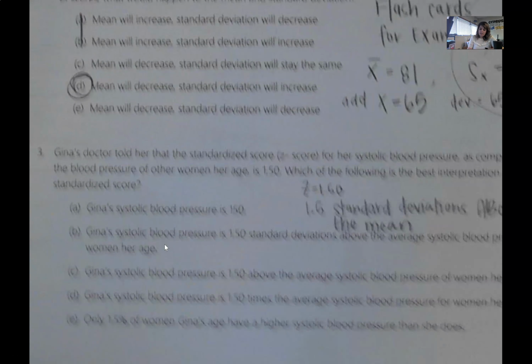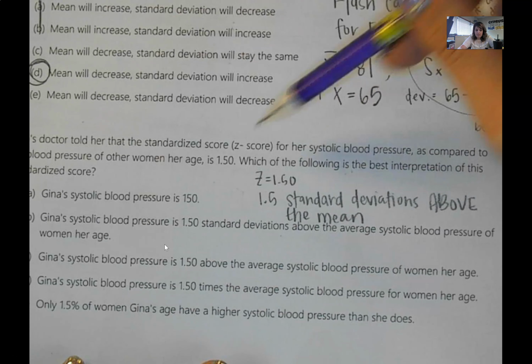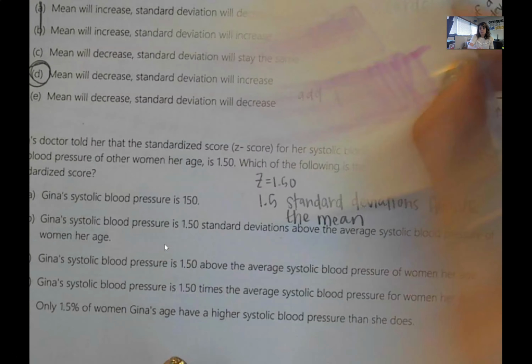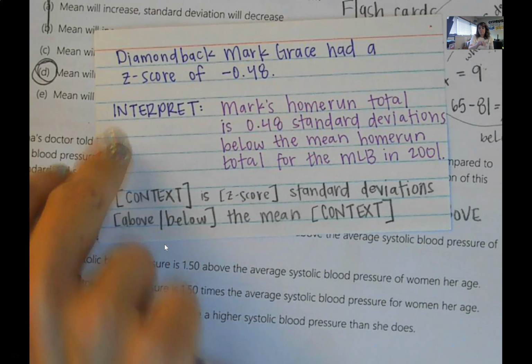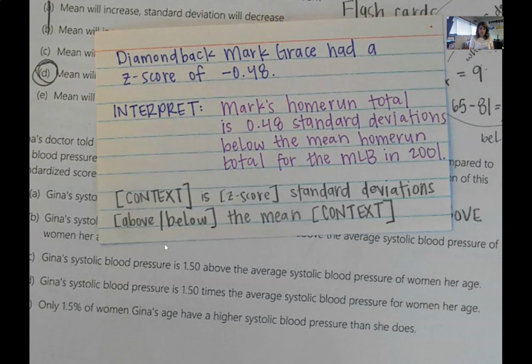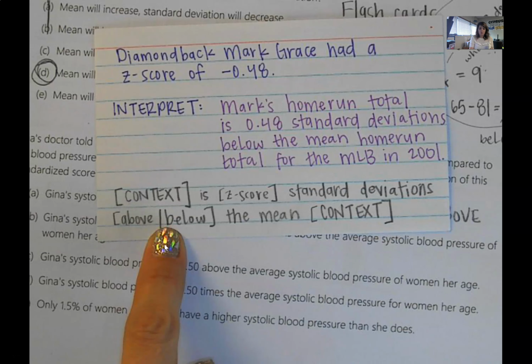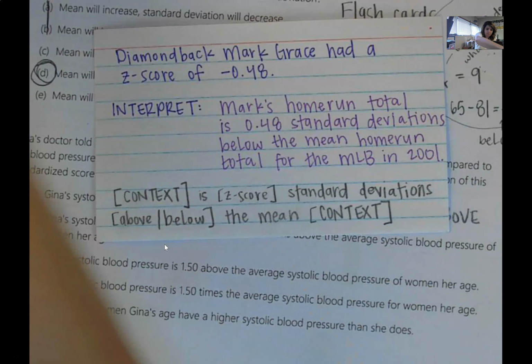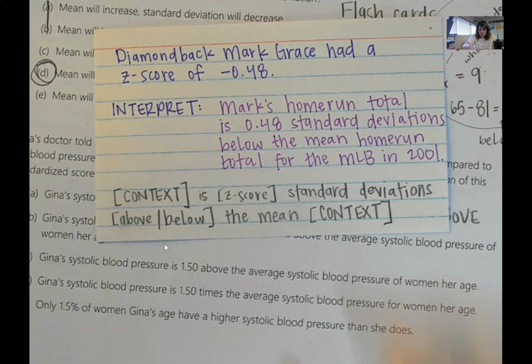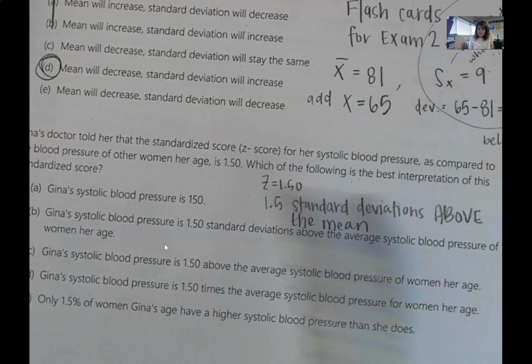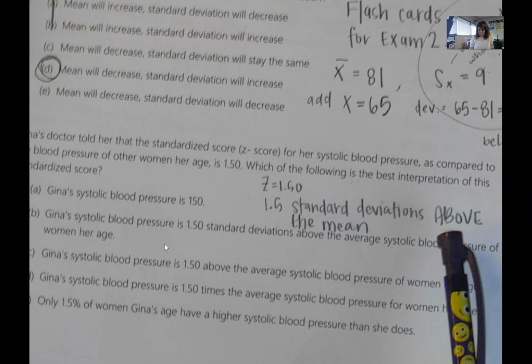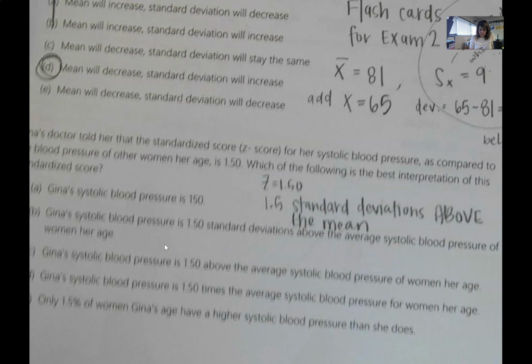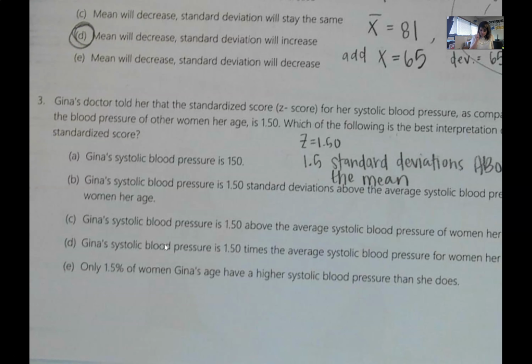Number 3 is an interpretation of z-score. So I do have a flashcard for that. The biggest thing that you want to make sure that you include is the word above or below. You don't want to leave that off. So a z-score of 1.5 is 1.5 standard deviations above the mean, so that's what I'm looking for.